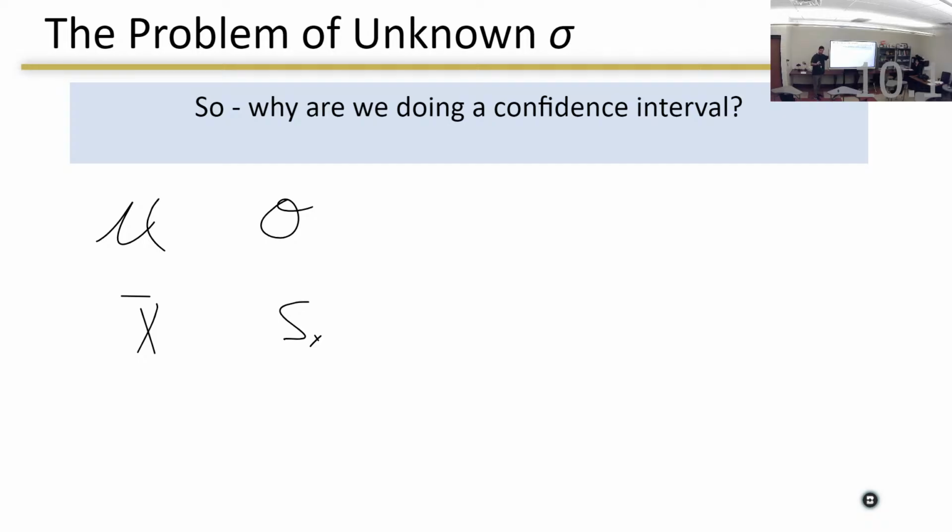Well, here's the big key with this. In order to find this, I have to know this. In order to find the population standard deviation, I have to know the population mean. If I don't know the population mean, which is why we're doing confidence intervals, it's impossible for me to find that. Fair enough? So what can we use?